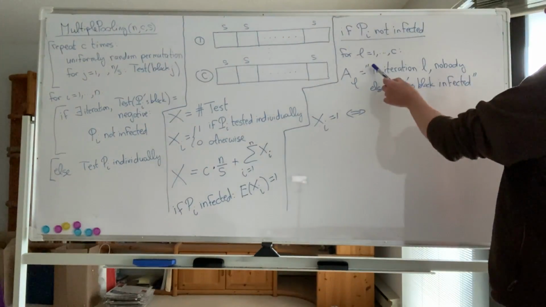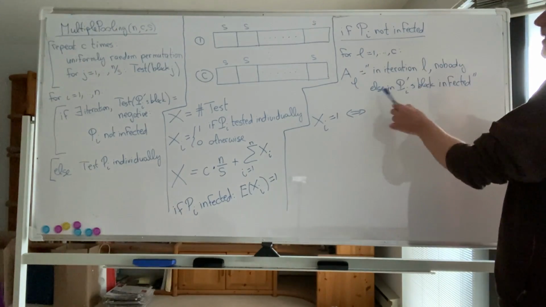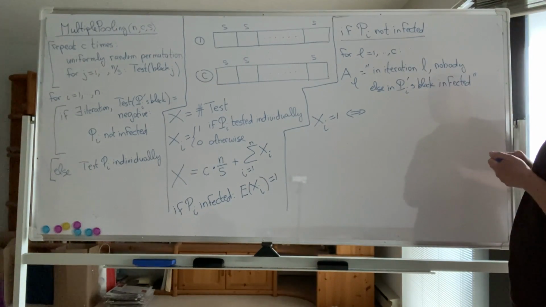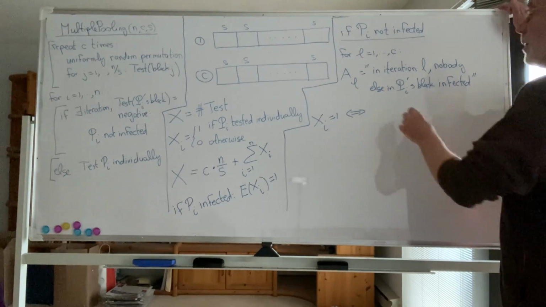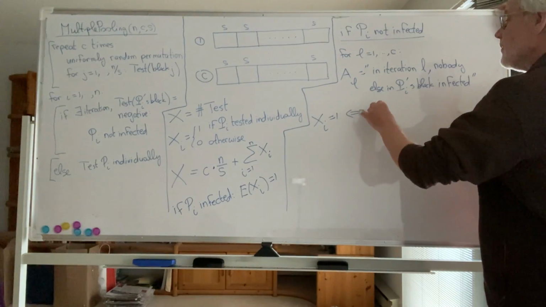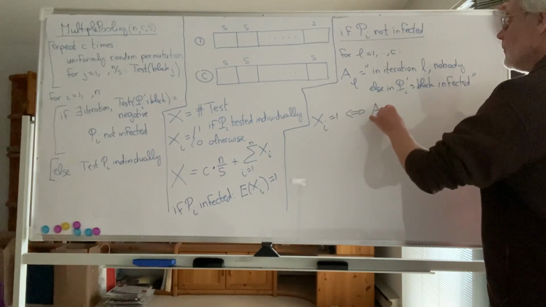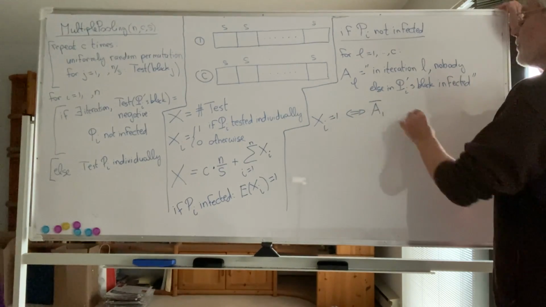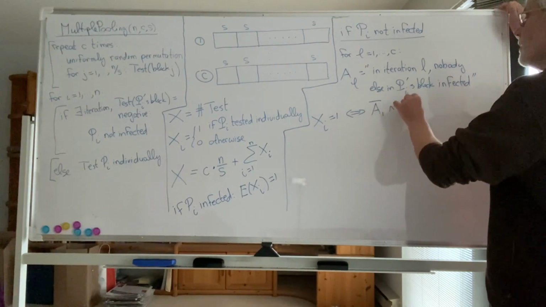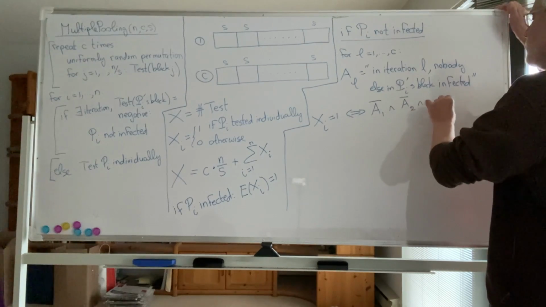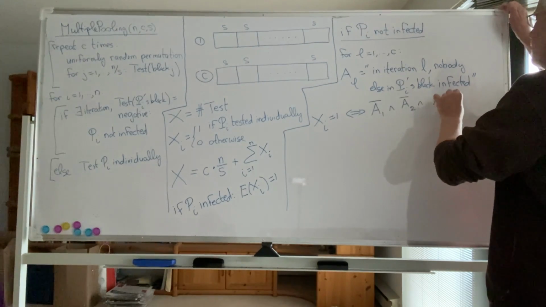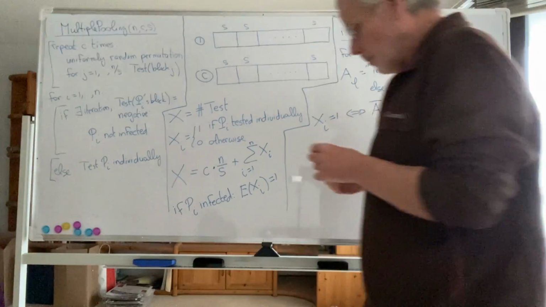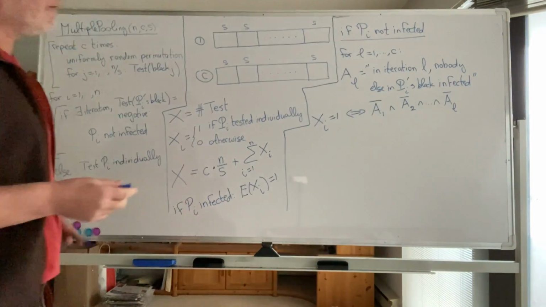But that is exactly the negation of this event A l. So Xi is 1 is equivalent to saying that A1 is not true and A2 is not true up to A c is not true. As usual, the bars here indicate complement.